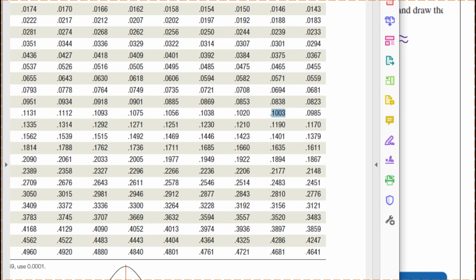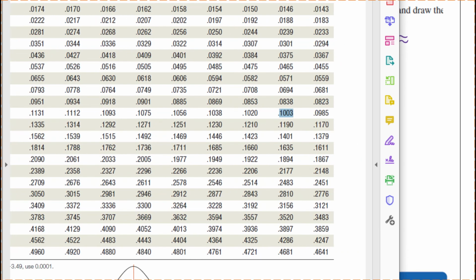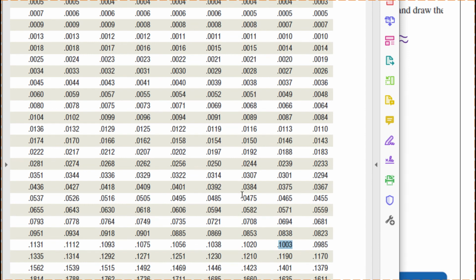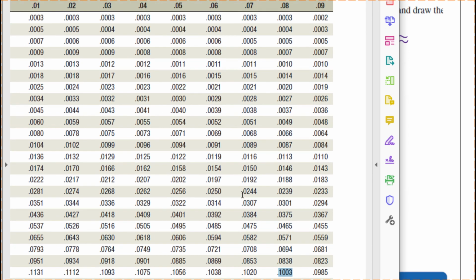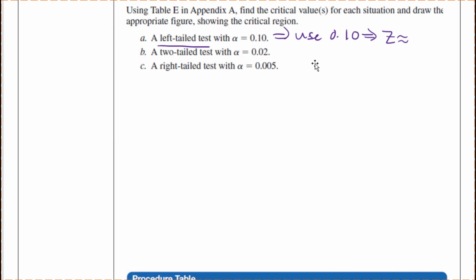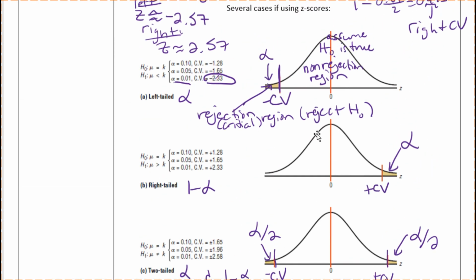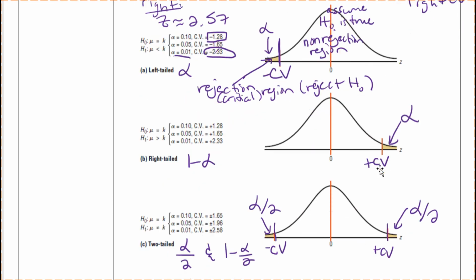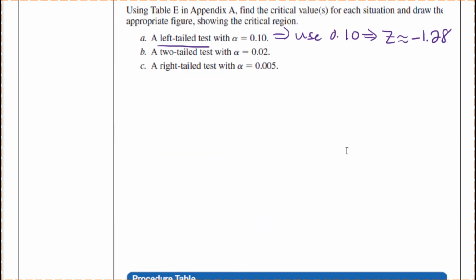Okay, the closest thing to 0.10, it looks like that. So negative 1.28. So around there, negative 1.28. And if we look at our little cheat sheet here, they have negative 1.28 here. So we could have used that as a cheat sheet, but I want to show you how to practice.